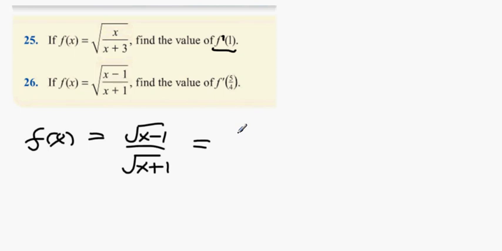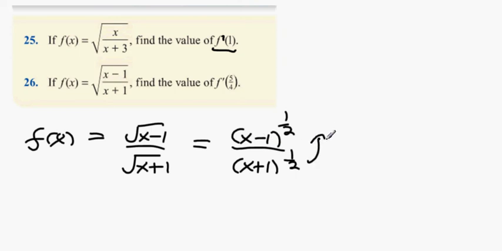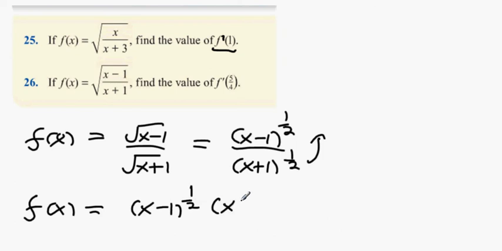What we do next is x minus 1 to the power of a half and x plus 1 to the power of a half. What I then can do, I can do the quotient rule like last time. Everybody's seen me do the quotient rule. Another option, I just wanted to make you aware of it, is I can say this: f of x equals x minus 1 to the power of a half multiplied by x plus 1 to the power of minus a half.